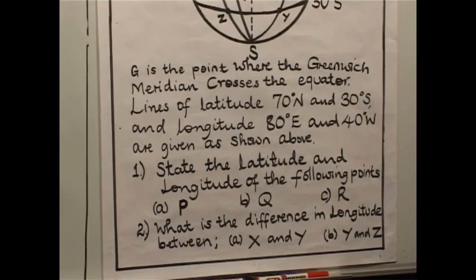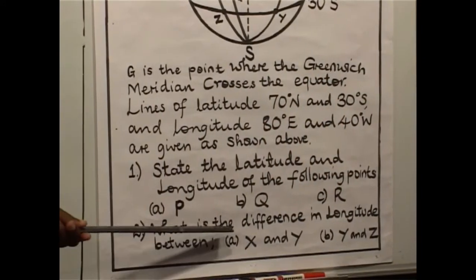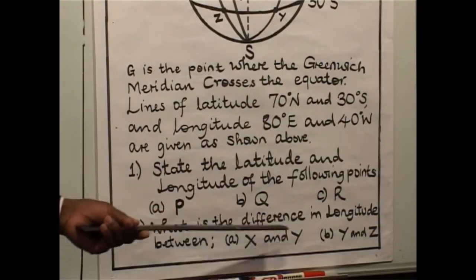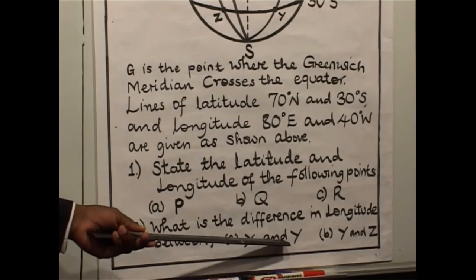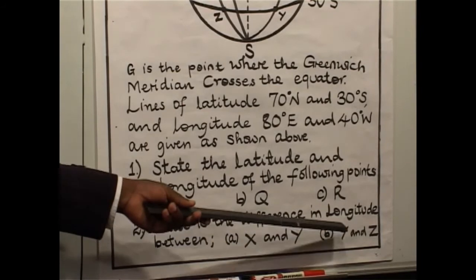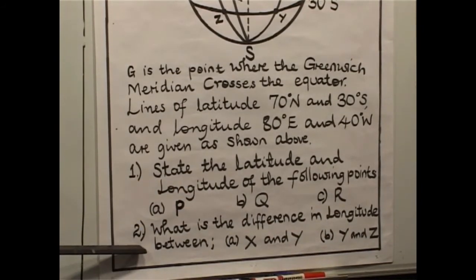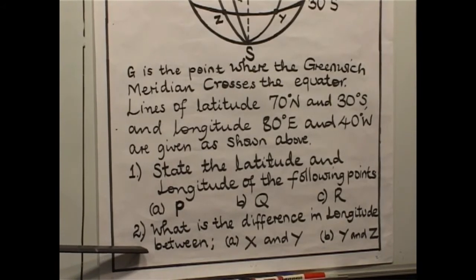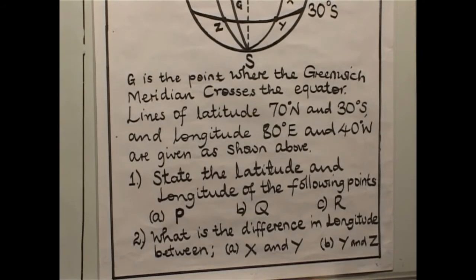Now let us look at question 2. Question 2 from the chart reads, what is the difference in longitude between A, X and Y, B, Y and Z? For us to get the difference in terms of longitude between 2 points, we need to state the location of those 2 points.